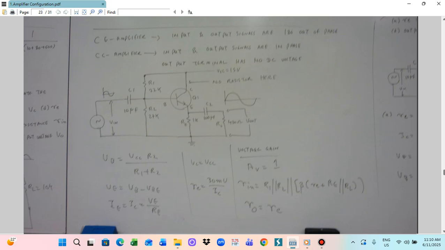And IE is equal to IC, which is equal to VE by RE. And also VC is equal to VCC. Those are the formulas for the CC amplifier, and they are similar to the CE amplifier formulas. The only thing different will be the voltage gain.